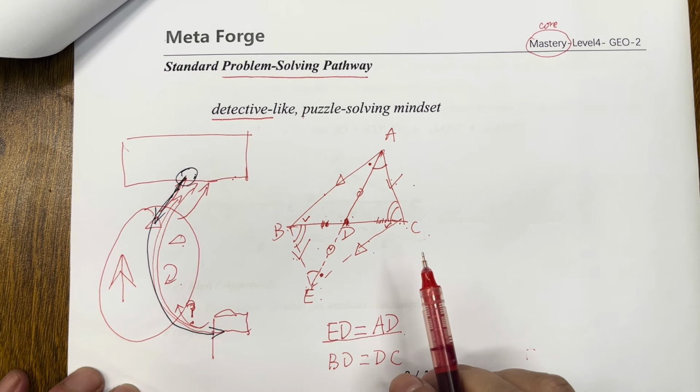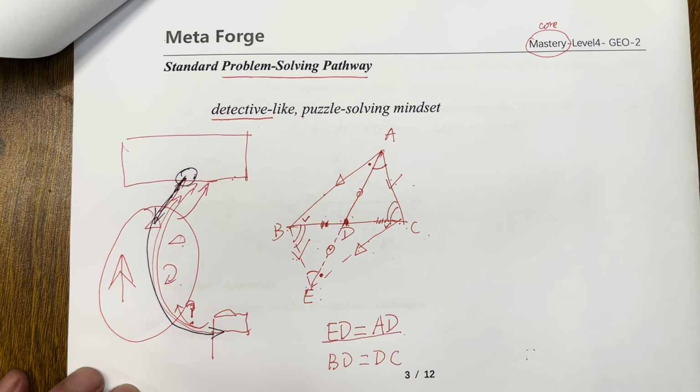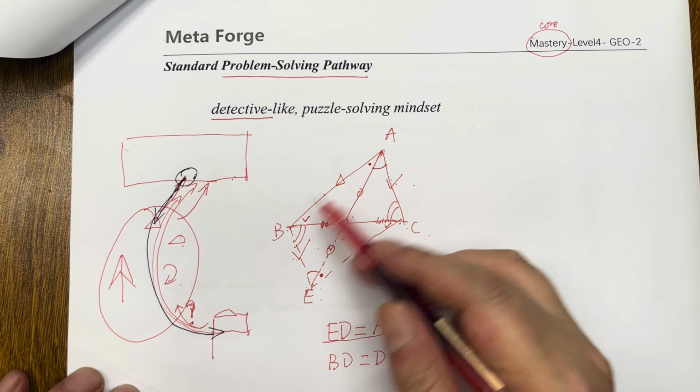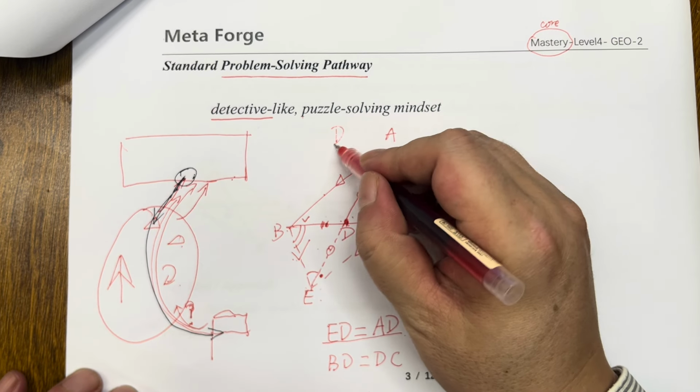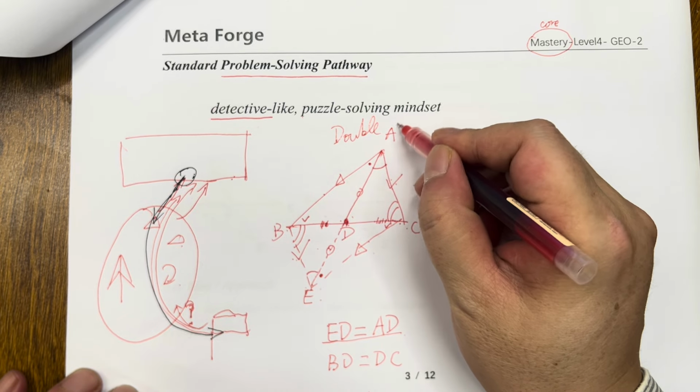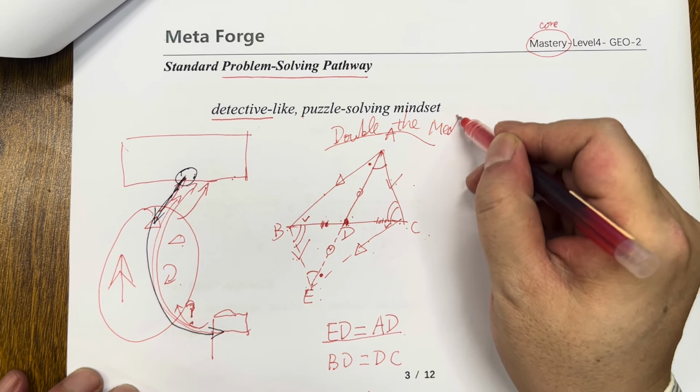Any clue can happen. It's a very powerful technique. Double the median.